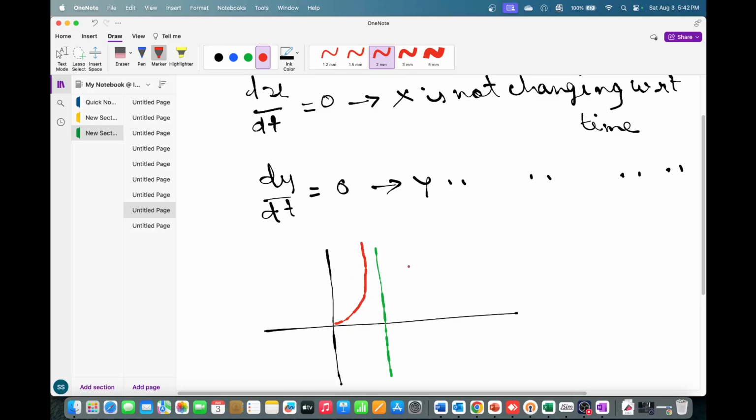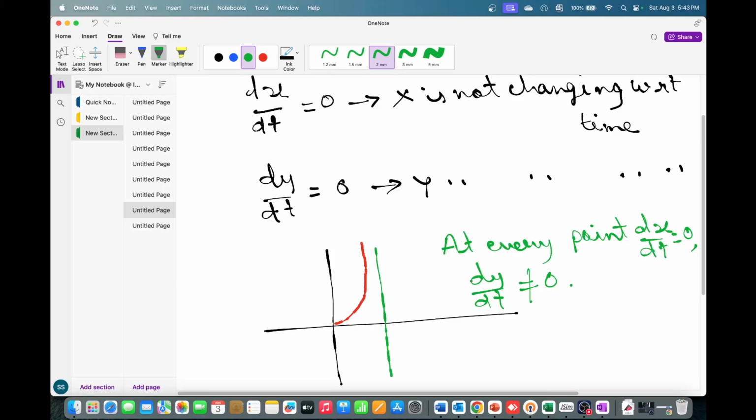So what it means is that at every point where dx/dt equal to 0, dy/dt is not equal to 0, right? Because if both were 0, they'd meet at some point.